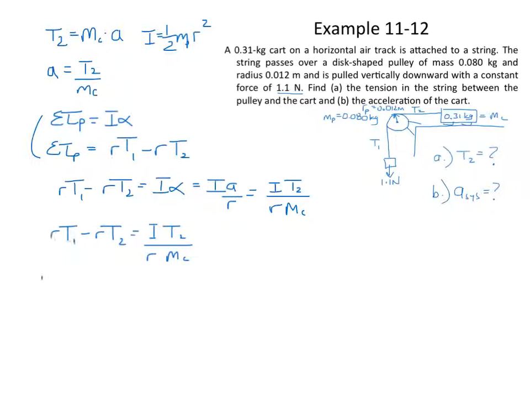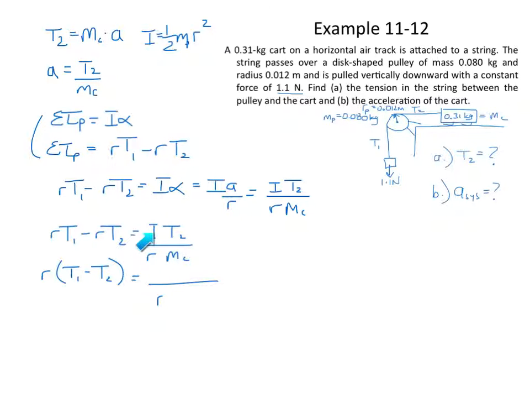All right, so it's going to be R times (T1 minus T2), like so. All right, and there is still going to be this R in the denominator right here, although that won't quite cancel because that's on different sides of the equation, and it's in the denominator. But let's just see if we can expand out this moment of inertia right here. So that is going to be 1/2 mr squared, right?